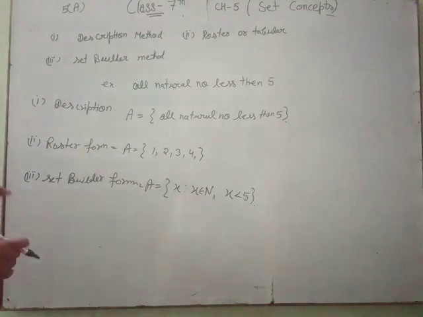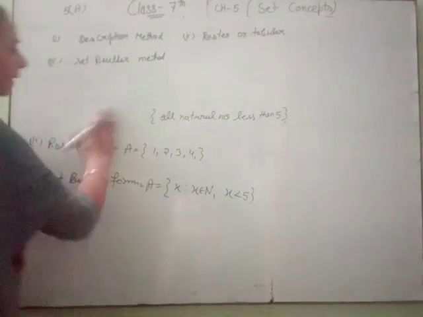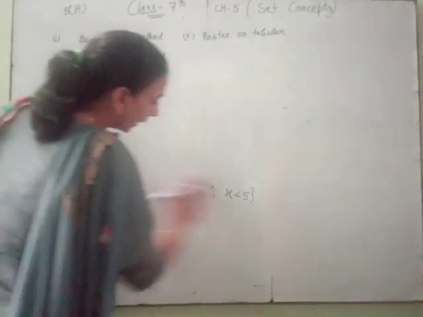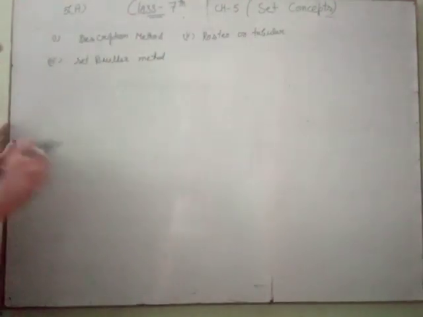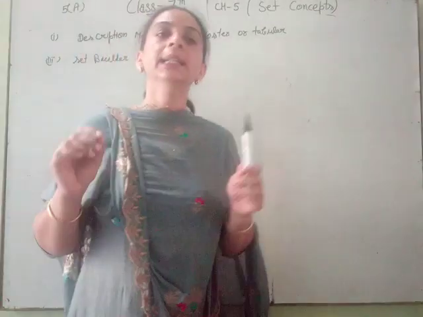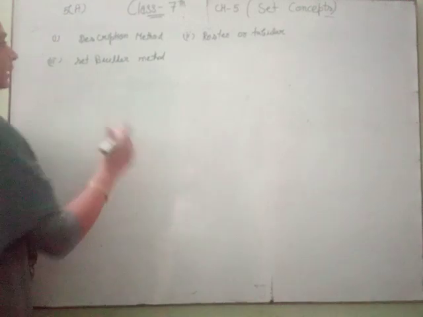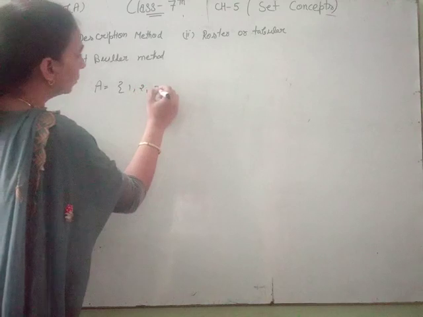Okay. Next is finite set or infinite set. What is a finite and what is an infinite set? If we can count all elements of a set, then this set is finite, otherwise it is infinite. For example, {1, 2, 3, 4}.